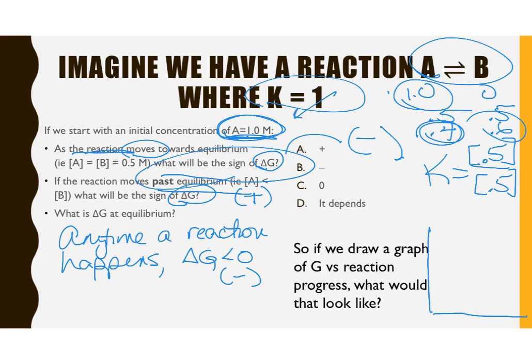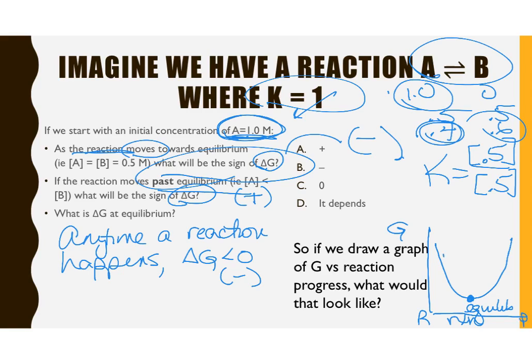So let's sketch the graph. If you have free energy on the y-axis and you have the reaction progress on the x, that type of graph always looks like this. Here's equilibrium. So reactants are over on the left side, products are on the right side.